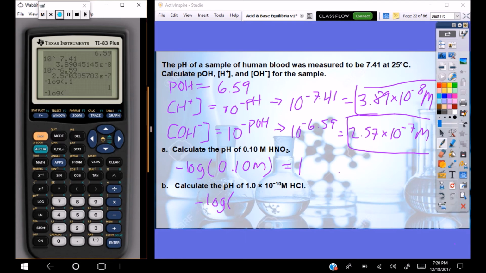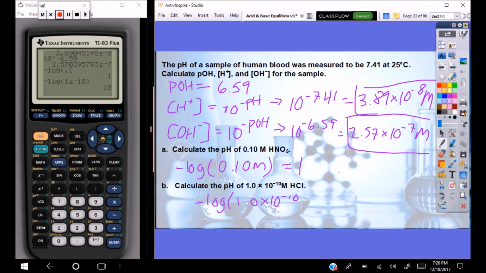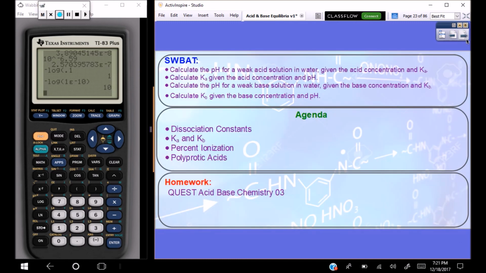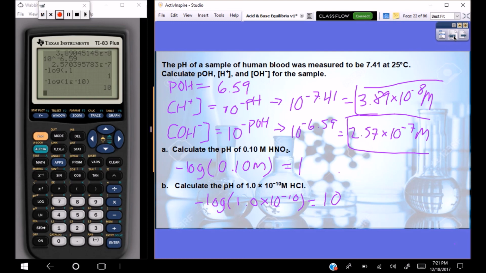So you've got negative log of 1e to the negative 10th, it should be 10. Spoiler alert, it's 10. So I didn't even need a calculator for it, but you can check. If you're comfortable with that, go ahead and use it. You'll probably have some multiple choice questions where you'll have to do pH calculations like that using mental math. So keep that in mind. I would start practicing logs if you're not sure about logs and the rules for logs. And that's all. Have a great day.